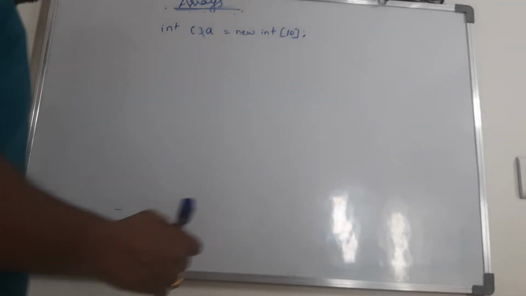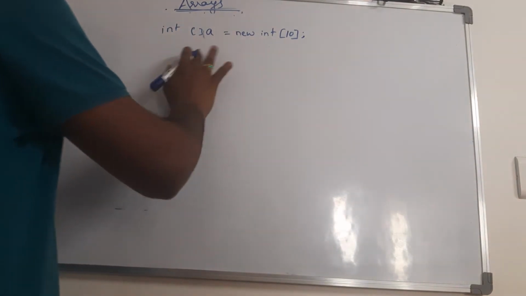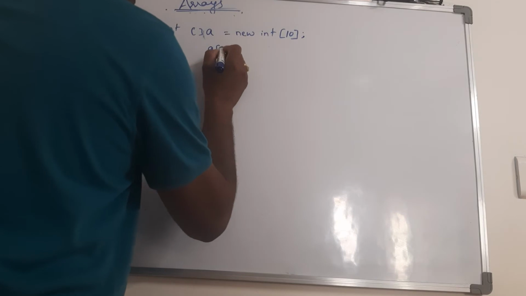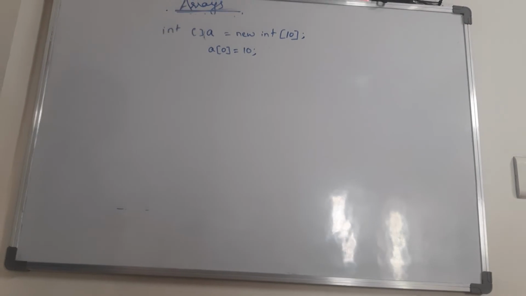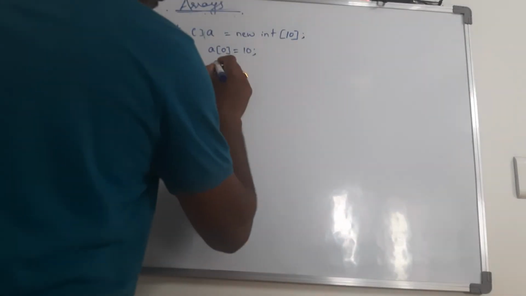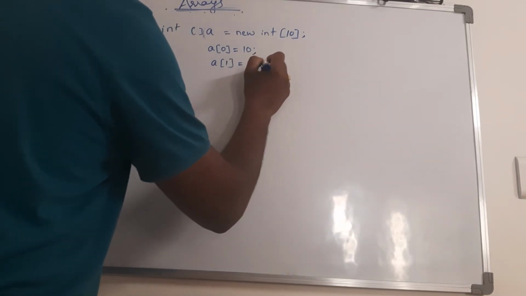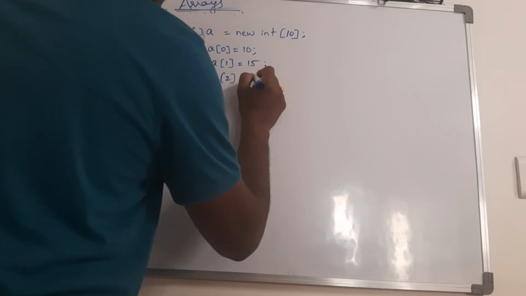Okay, will the index start with 0 or 1? 0. Yes. Now how can I insert values into the array? a of 0 equal to 10, a of 1 equal to 15, a of 2 equal to 40.